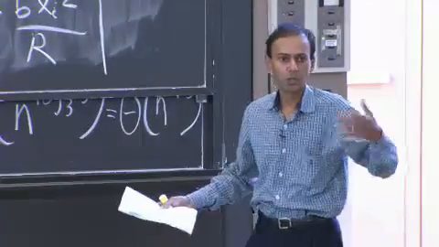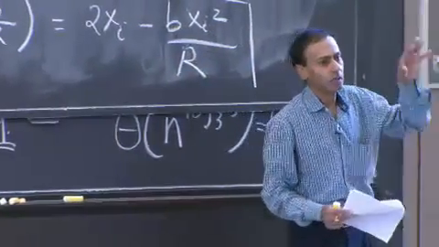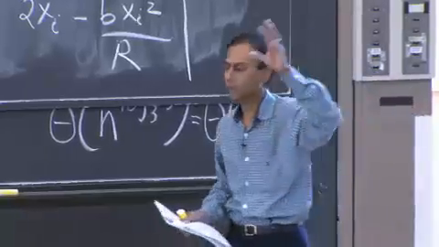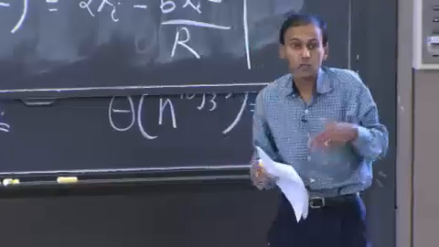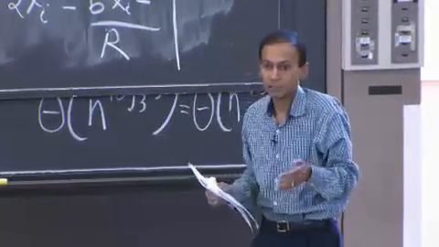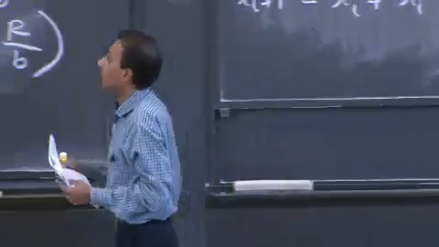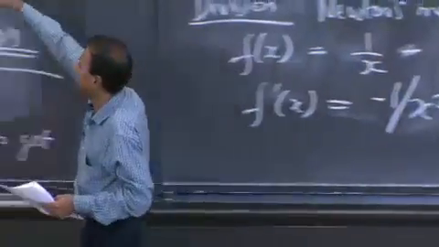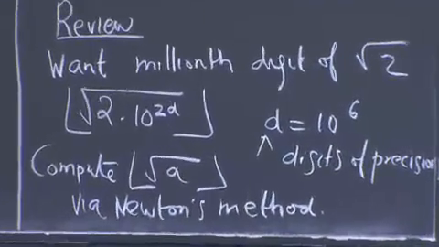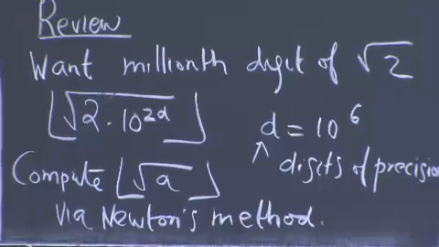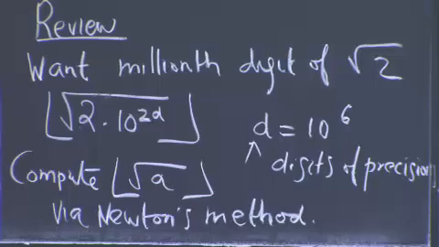All right? And so remember, I'm going to put a picture up towards the end here that tells you the overall structure for computing square root of a or square root of 2, but we've just sort of sold out to Newton, if you will, because we said that we're going to use Newton's method to compute essentially iteratively square root of a, and within the Newton method, the first iteration, if you will, of the Newton method, we had to compute a reciprocal, right?